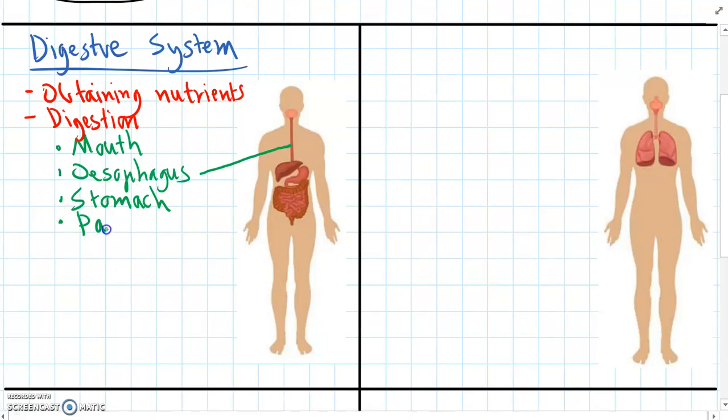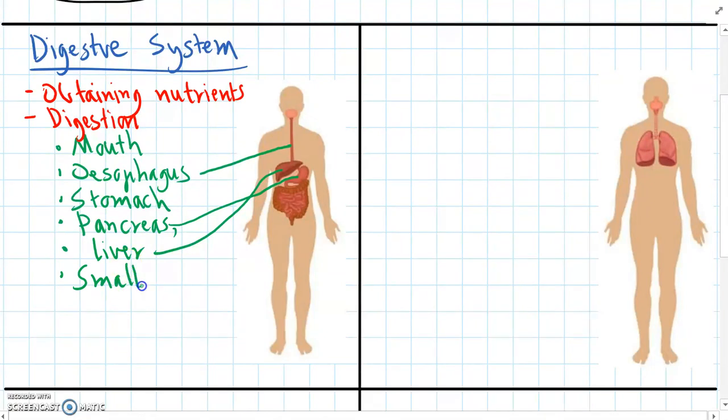We also have the pancreas and the liver. The pancreas is hidden in this diagram, but it's behind the stomach. And these create a lot of the enzymes that help break down food in the stomach.